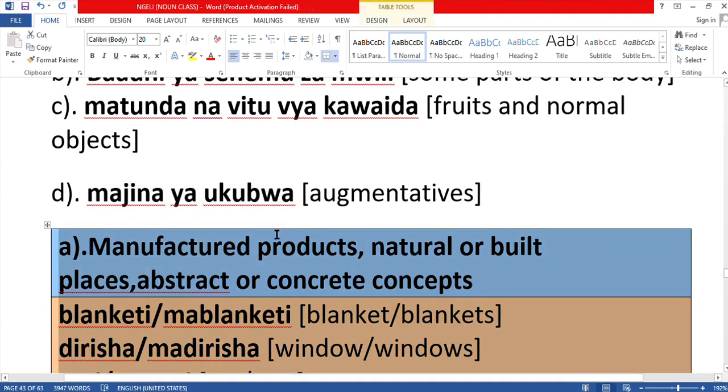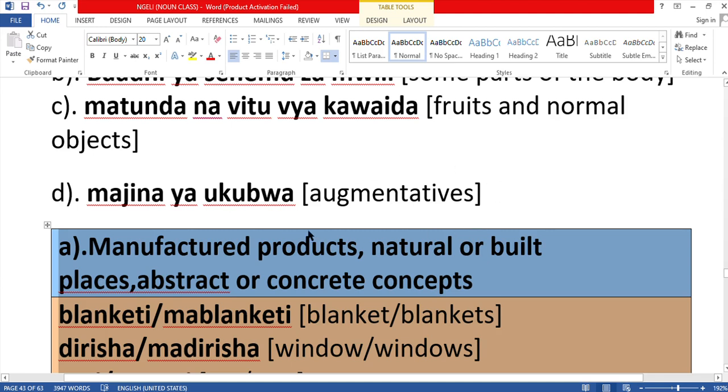D. Majina ya ukubwa, augmentatives. In Swahili there is a feature whereby when something is extremely big in size, you can use this feature of speech. Instead of saying mtu, which is a person, you say jitu.